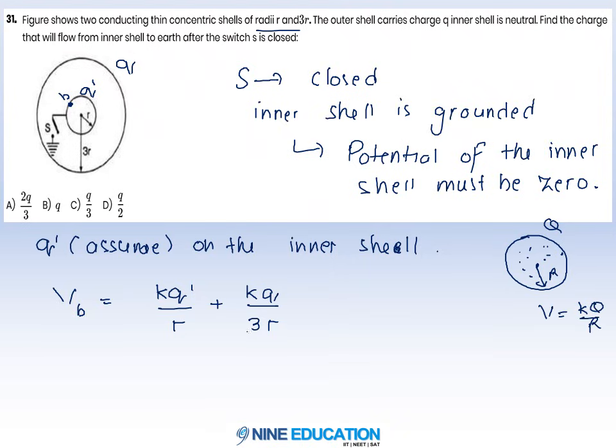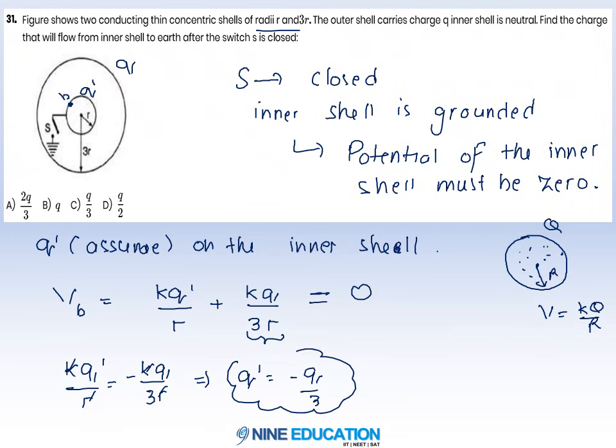That's why we write 3r here. This potential is equal to 0 because the conductor is grounded. So kq dash upon r plus kq upon 3r equals 0, k and r cancel, and we get q dash is minus q by 3.